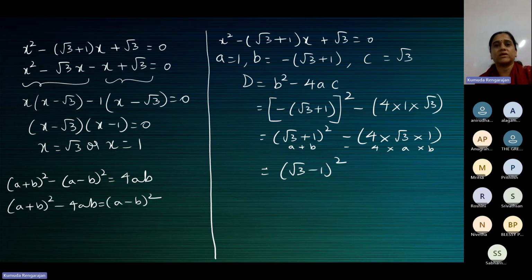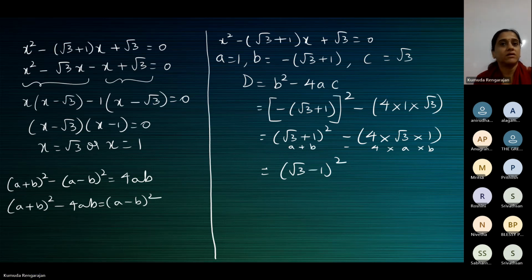1 as 1 the whole square. Then the middle term you'll have is 2ab, 2 into root 3 into 1.